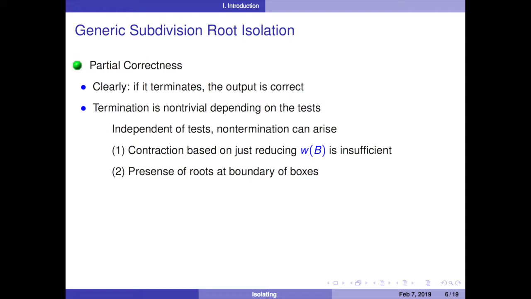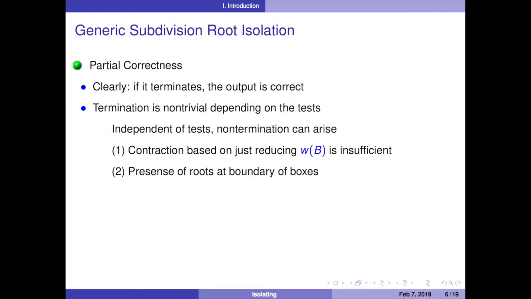Now, if that thing halts, then actually we know the output is correct, because we don't throw away any boxes that might contain roots, assuming all our predicates are doing the correct thing. The main thing is termination. It's not at all obvious that it terminates. And in fact, I can give 2 reasons why you might not terminate.